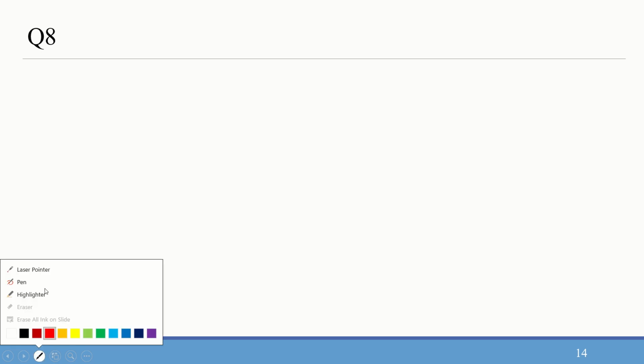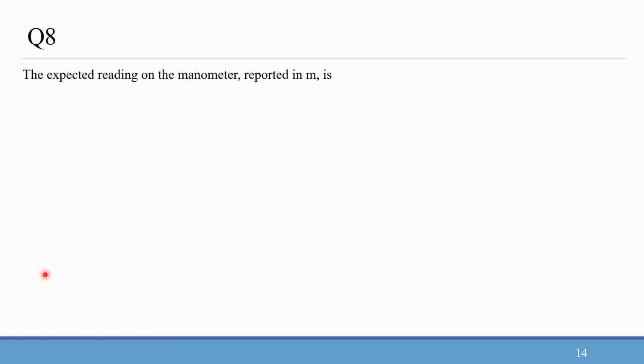Now we are going to question 8. In question 8, what is asked is the expected reading on the manometer reported in meters is dash.